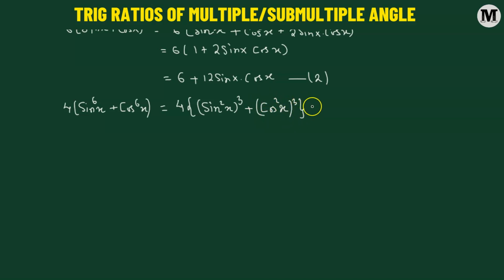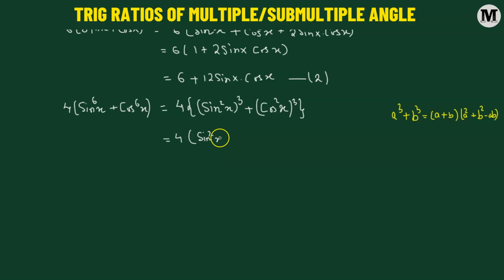Now we know that whenever we have the sum of cubes, a cube plus b cube, that's given by a plus b multiplied to a squared plus b squared minus ab, which means that we can expand sine squared x whole cube plus cosine squared x whole cube. So let's consider sine squared x to be equivalent to a and cosine squared x to be equivalent to b.